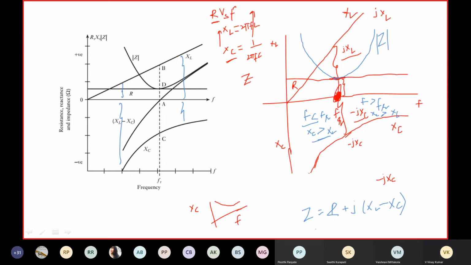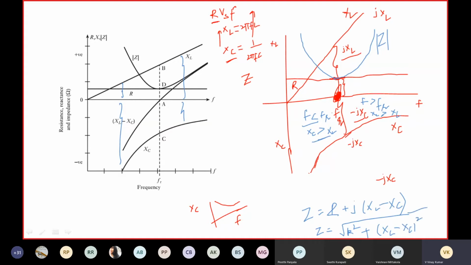Means what will be the impedance? The magnitude of impedance is equal to the square root of R squared plus XL minus XC whole squared.